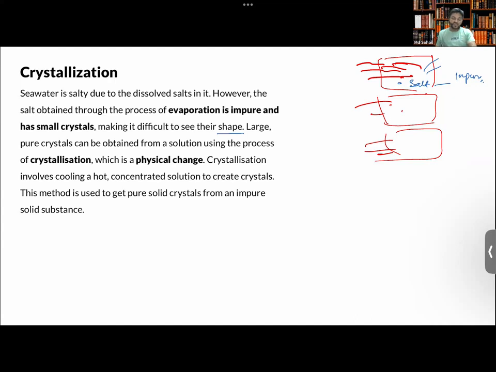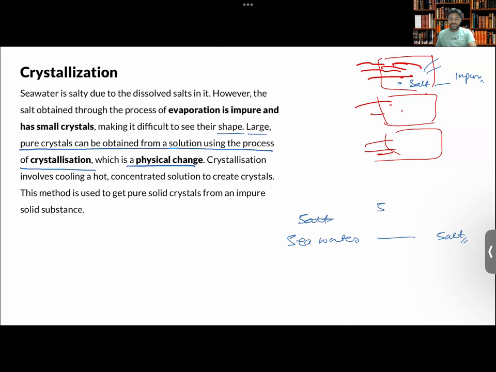Large pure crystals can be obtained from a solution using the process of crystallization. So if you want to obtain pure salts, then you have to adopt the process of crystallization. And crystallization is a physical change. Why is it so? For example, you have seawater, and from it you obtain salt.